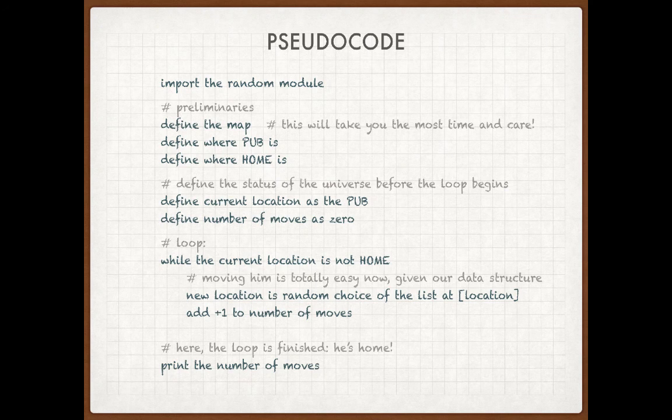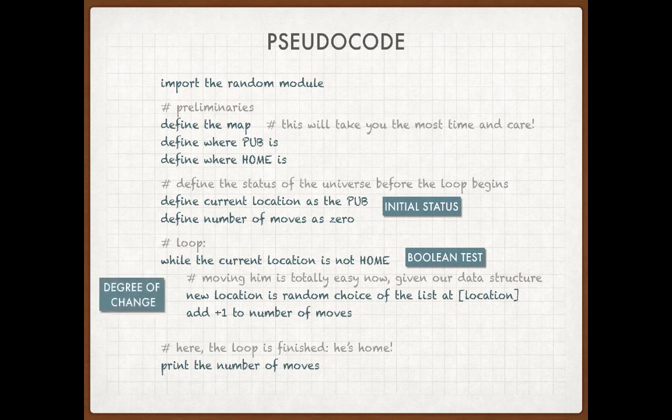So if you're thinking back to loops and the 3 parts of loops, they're all here, aren't they? This stuff up here is the initial status of the universe, the way the game is at the beginning, before we start our loop. The while loop has a Boolean test. We continue as long as he is not at home, and when that Boolean test fails, the loop is over.